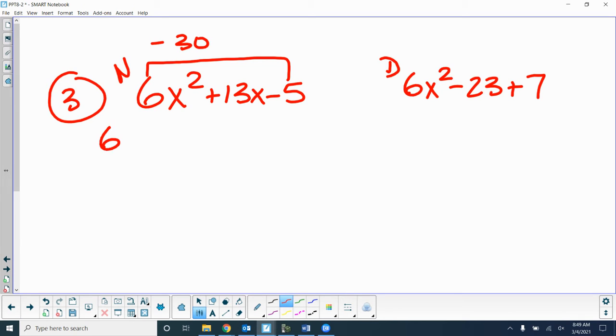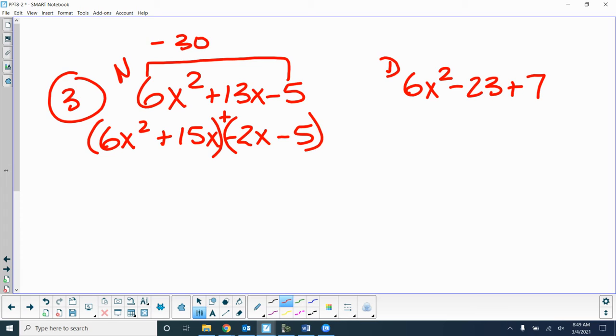So I'm going to rewrite this as 6x squared plus 15x minus 2x. Those add to give me that 13, but when I multiplied them, I got that negative 30. And then the minus 5. So the minus 5 and the 6x squared stay the same. Okay, now I group them. What's common in the first group, John?